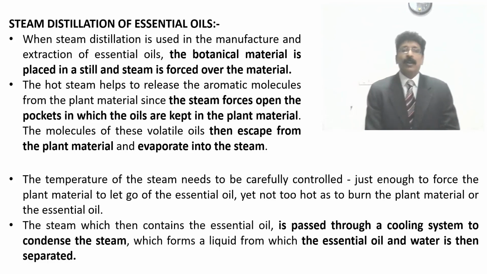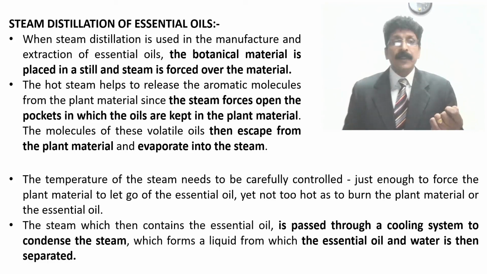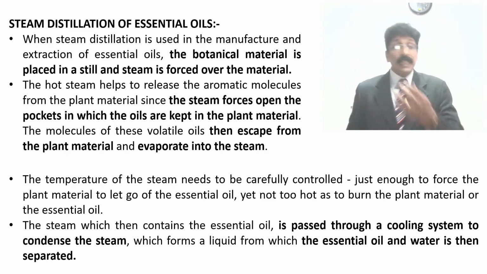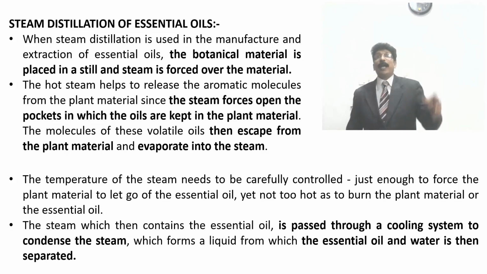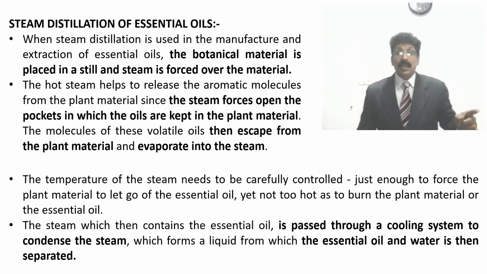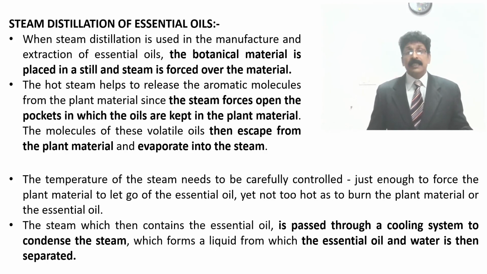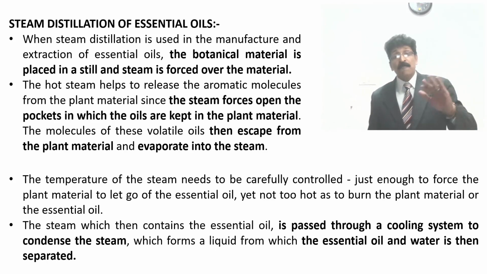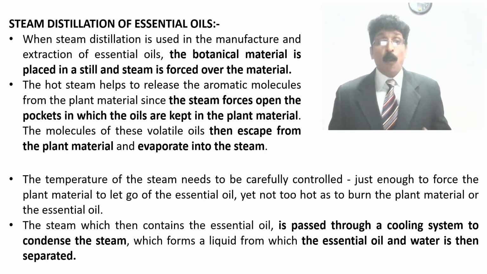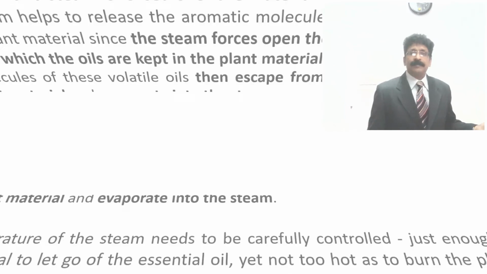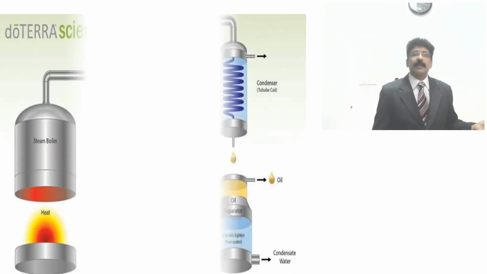The steam, which then contains the essential oil, is passed through a cooling system, a water condenser. The steam forms a liquid with the essential oil, and the water is then separated. This is the picture which we can see.